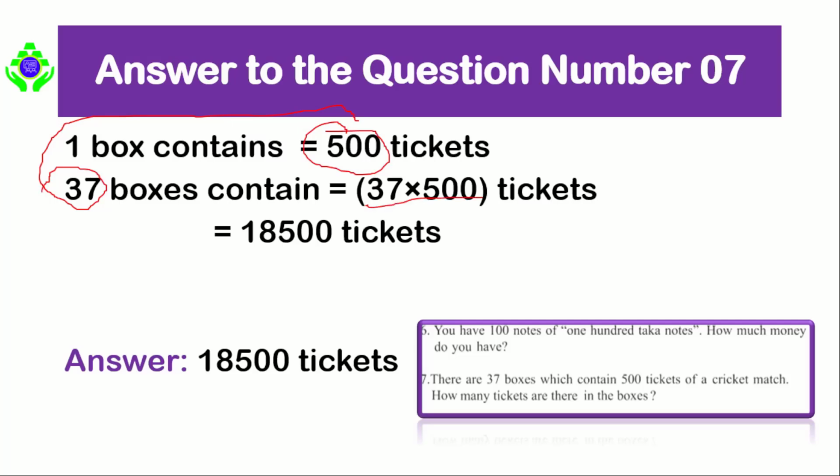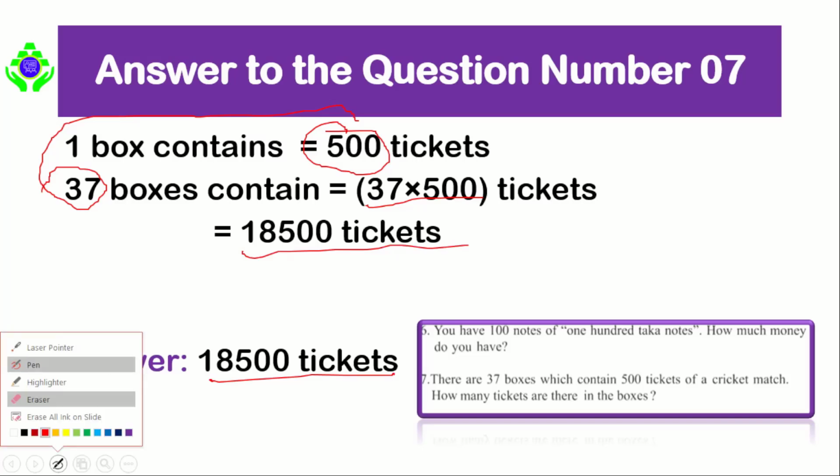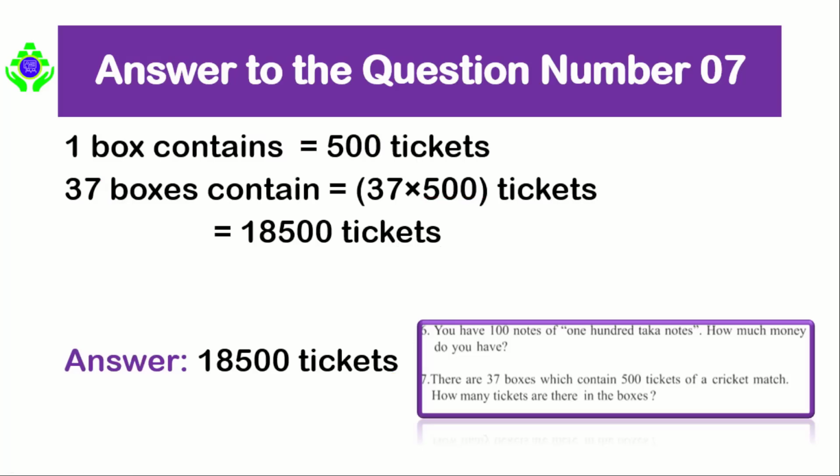Then 37 into 500 is equal to 18,500 tickets. And that's the answer of this question. That means one box contains 500 tickets, but 37 boxes contain 37 into 500, that's 18,500 tickets.